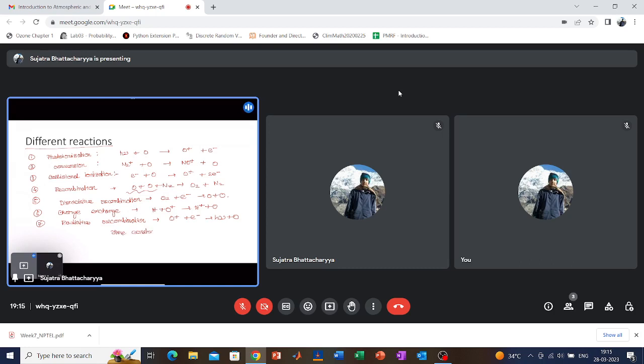This time constant, tau, is actually alpha into electron concentration, whole inverse. So alpha into electron concentration to the power -1. This alpha is the recombination rate, and this is the electron concentration.